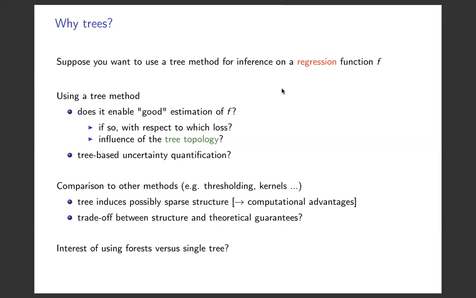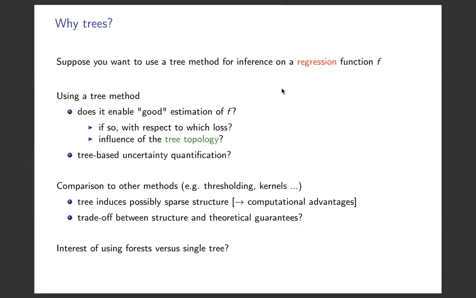And what you can ask is, if you use a tree method, is it any good in terms of estimation already? And if so, in which sense, for which loss functions? What is the influence of the prior you choose on the tree? And can we do, as Bayesians would like to do, maybe quantify uncertainty, and how can we do that? And then, of course, comes the question of how trees or forests compare to other algorithms.